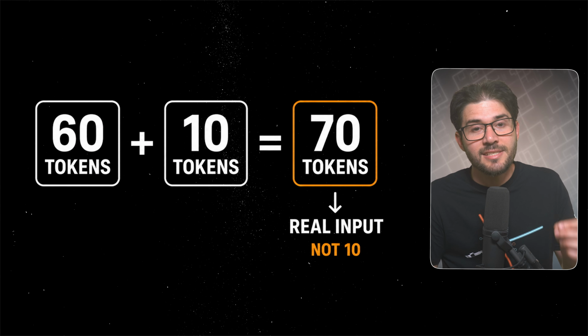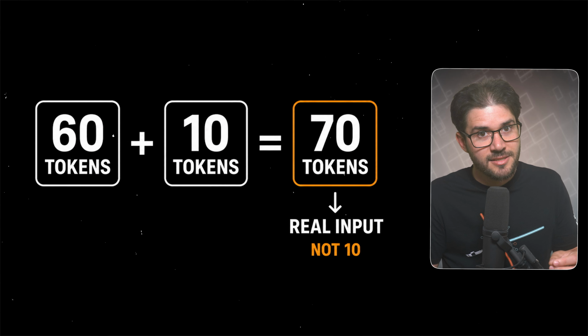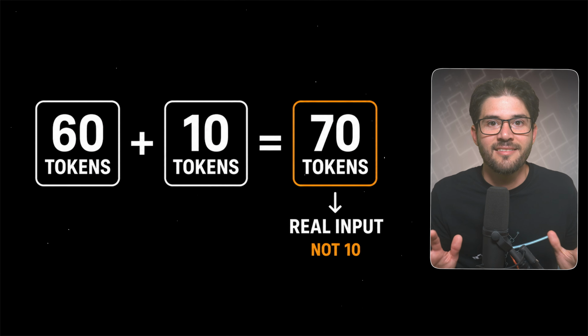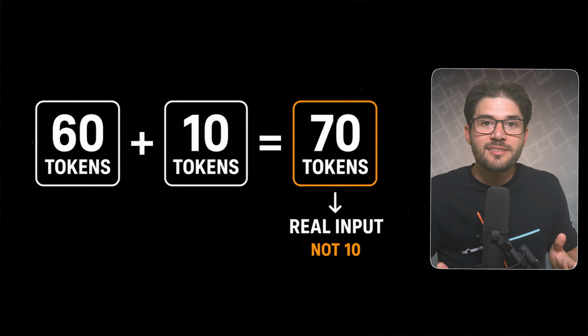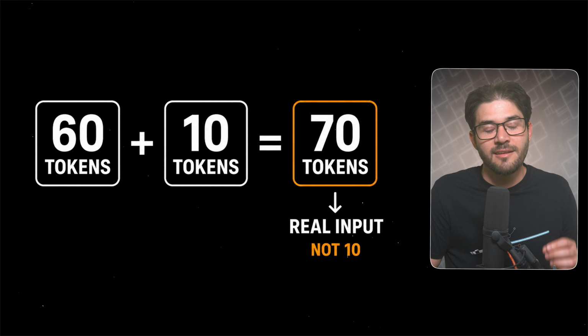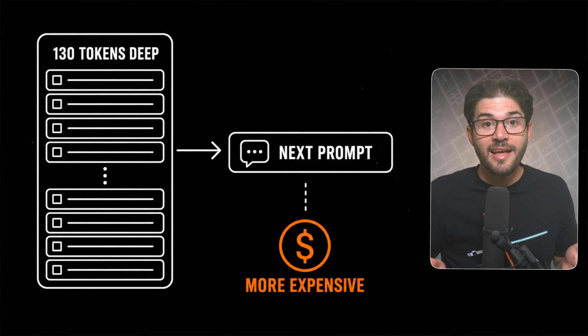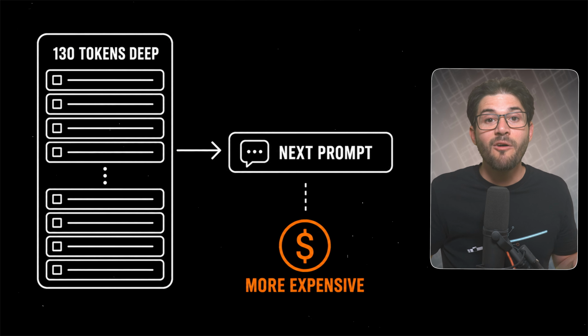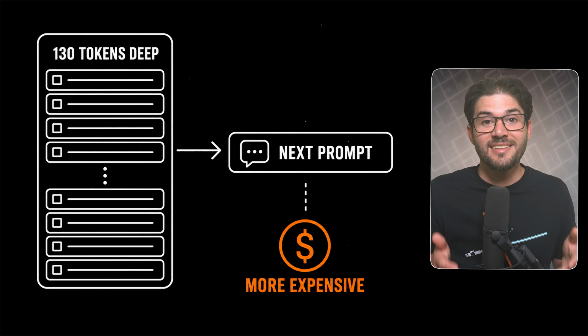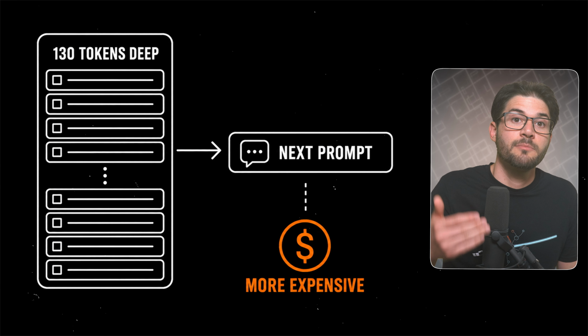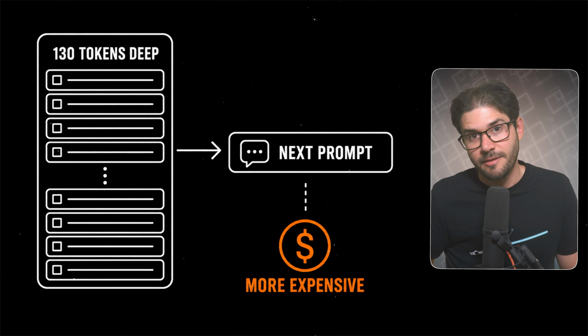It is the previous 60 tokens plus your new 10 tokens. The real input cost is 70 tokens, not 10. The model gives another 50 token answer, and the context is now 130 tokens deep. Every time, your next prompt will be even more expensive. Do you see the problem here, right?